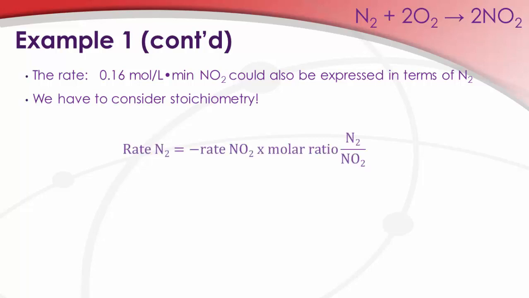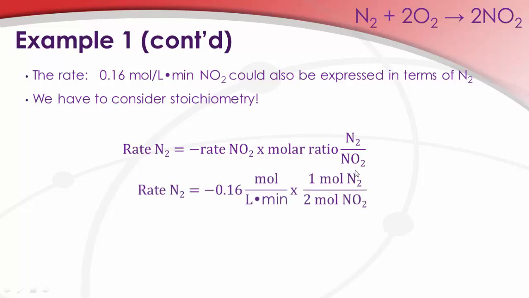So let me illustrate this by actually converting our rate of production of nitrogen dioxide to our rate of consumption of nitrogen gas. So the rate in terms of nitrogen is negative the rate in terms of NO2 times the molar ratio. And this is good that we have our equation up here so we can see our molar ratio explicitly.